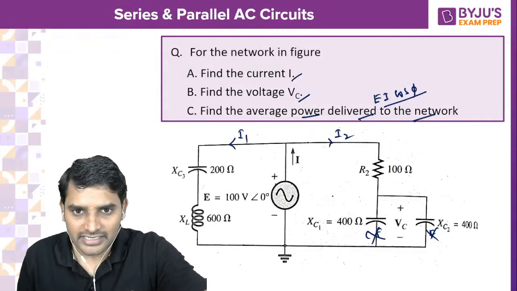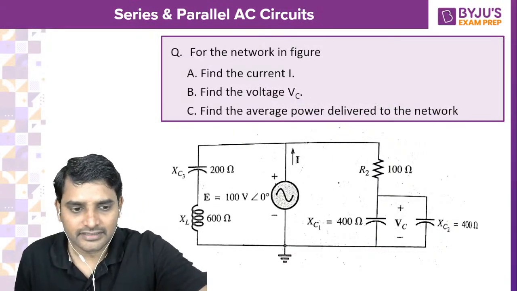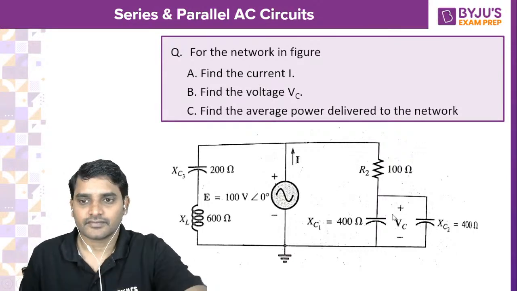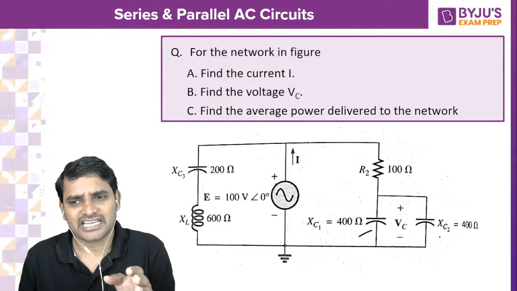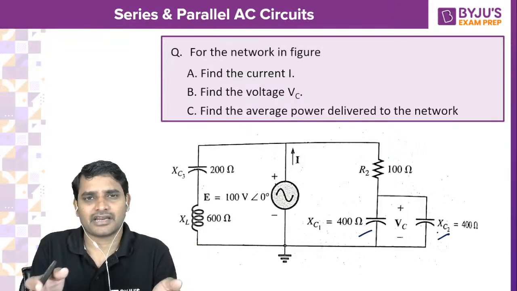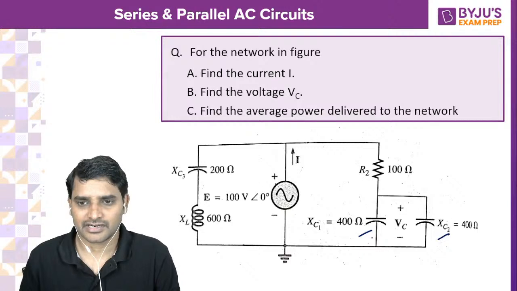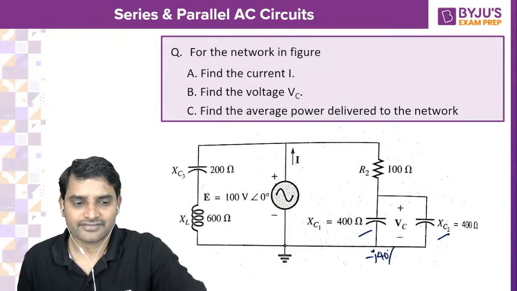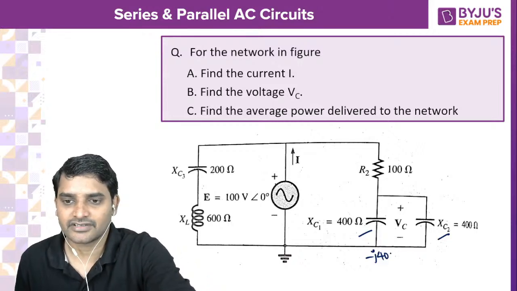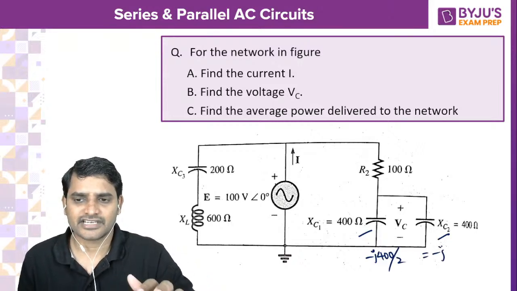But here we have ohmic values, so it is the same as two resistors connected in parallel: R1 R2 divided by R1 plus R2. So it is minus J400 minus J400, divided by 2. You will definitely get minus J200. There is no other option.